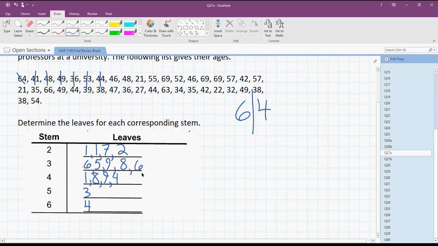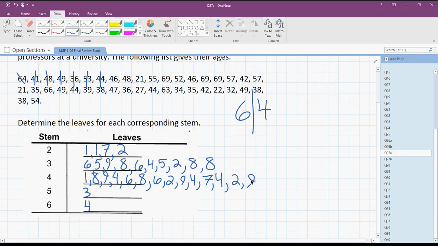But for their information, they want the comma between your numbers. 8, 6, 4, 5, 2, 8, 4, 6, 8, 6, 2, 9, 7, 4, 2, 9, 5, 2, 7, 7, 4, 9, 9, 9, 6, 3.